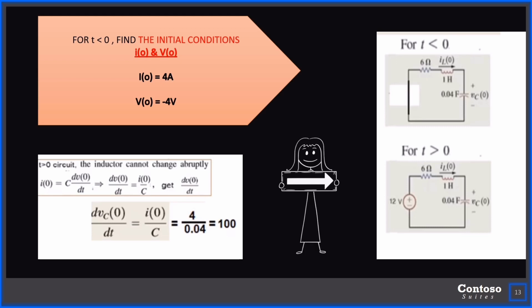Moving on to the next slide, after we found out the initial condition, or the t less than 0, and the t after 0 is the same, the current equals 4 ampere and the voltage equals negative 4 volts, it is the same. This is due to the inductor, it can't change abruptly, and the capacitor also can't change abruptly, thus making the initial condition and after the initial condition the same.